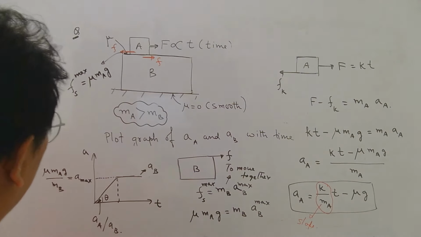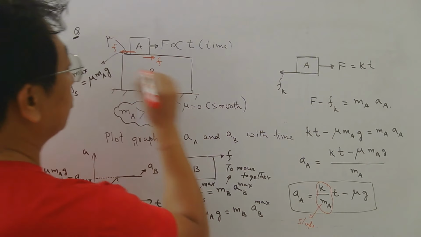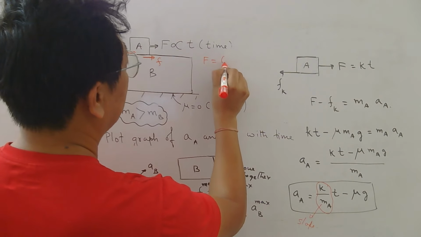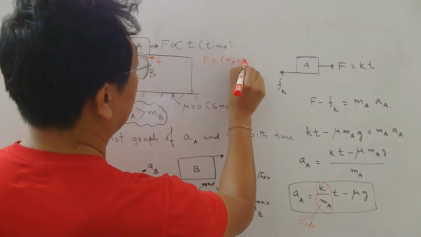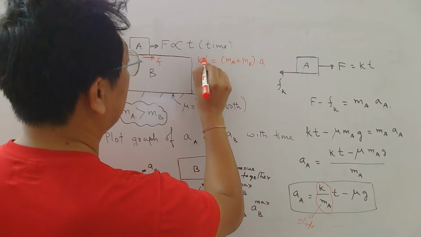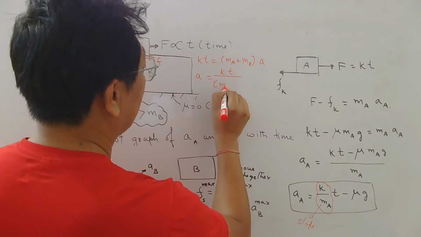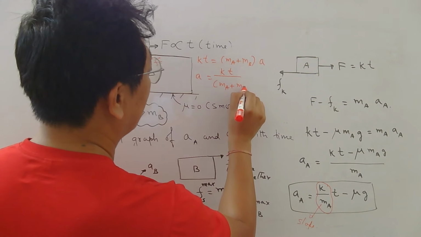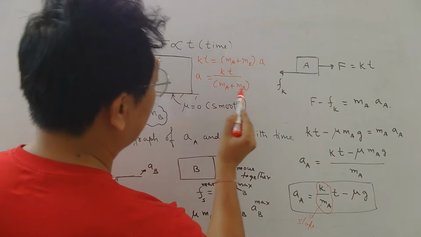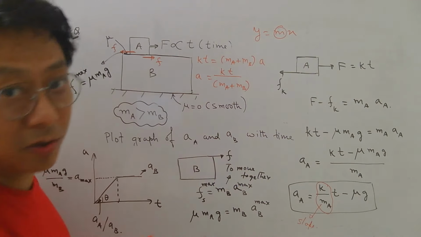Before, what was the slope of this straight line, if you remember? When they were moving together, that time we wrote external force on the system is F. Mass of the system is MA plus MB into a. And F was constant into time. So acceleration was KT by MA plus MB. Isn't it? So before the slope was K by MA plus MB, right? In the equation y equal to mx, m is called the slope.